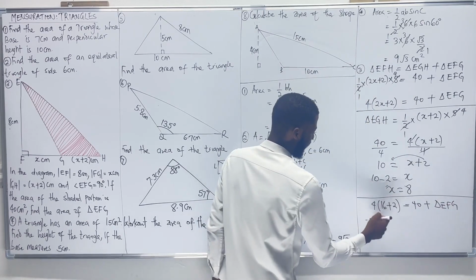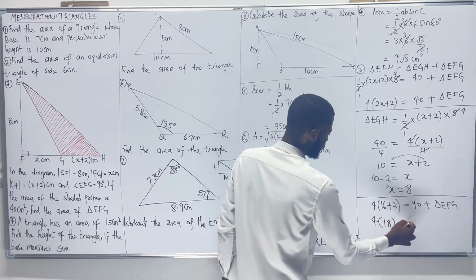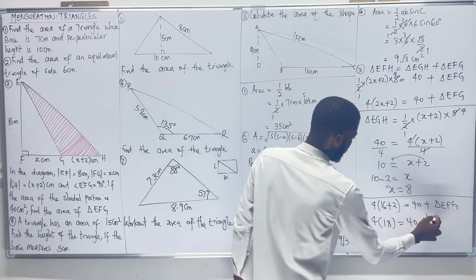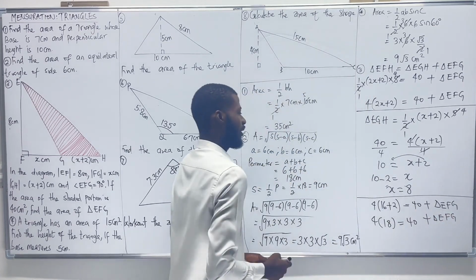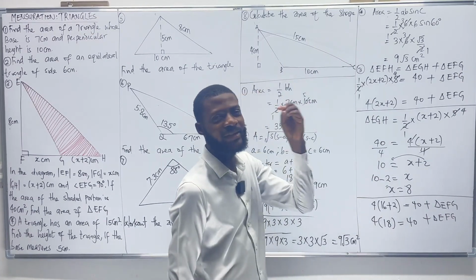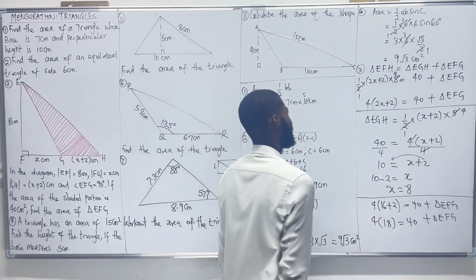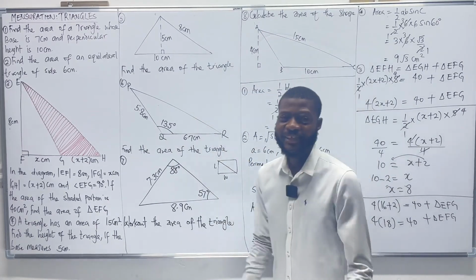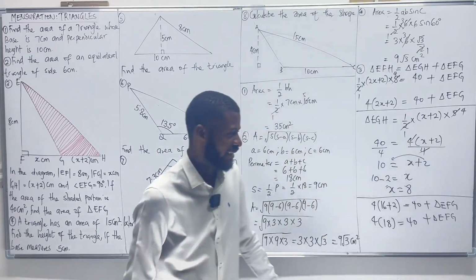So this is 4 bracket 16 plus 2, which gives us 18, equals 40 plus triangle EFG. Oh God, I'm just doing the complicated. There's another easy way to do this. But let me continue with this, and then I'll do the easy way.